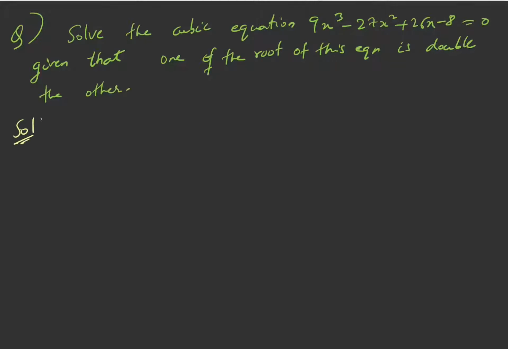Fine. So you are given a cubic equation and you need to solve it, and it is given that one of the roots of this cubic equation is double the other.